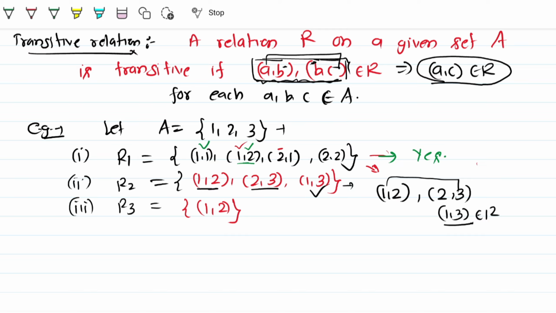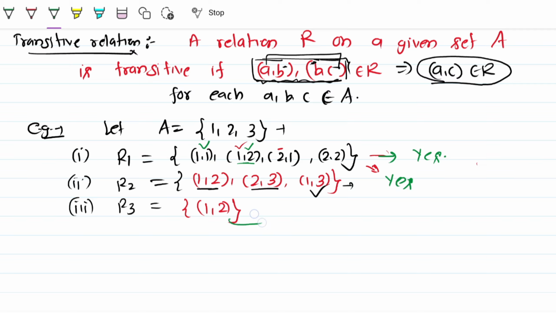Now we cannot say it is transitive yet; we have to look at all possible connecting pairs. If I start with (2,3), is there any element starting with 3? No, so no connectivity. Similarly for (1,3), there is no element starting with 3. So it is also transitive; we have checked all the connecting pairs.